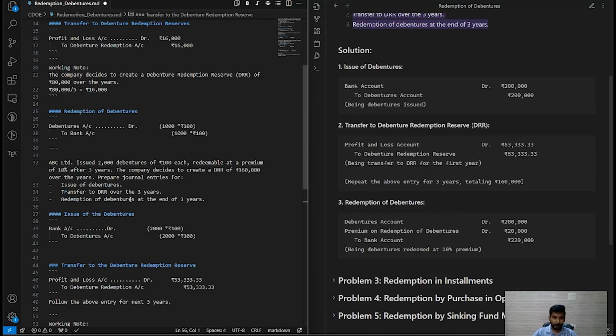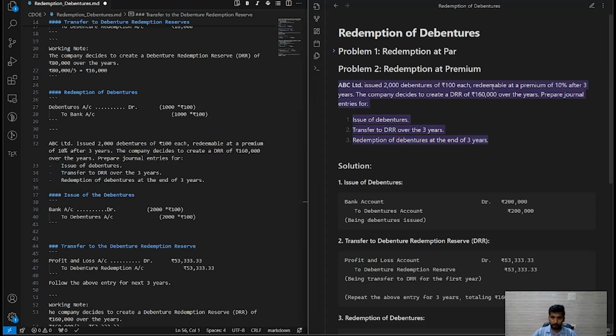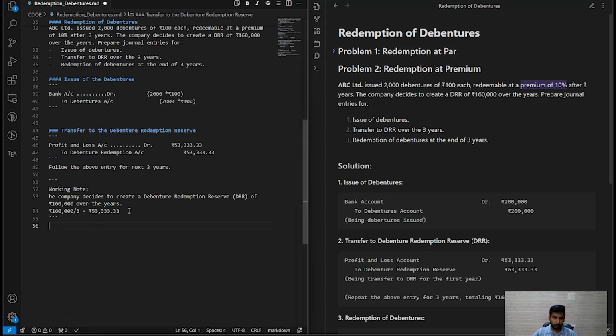But there is a premium, because they are redeemable at a premium of 10%. So first, the calculation of the premium, which is 10% of the face value.